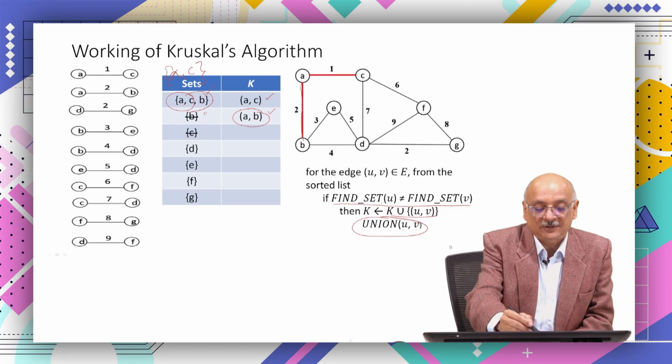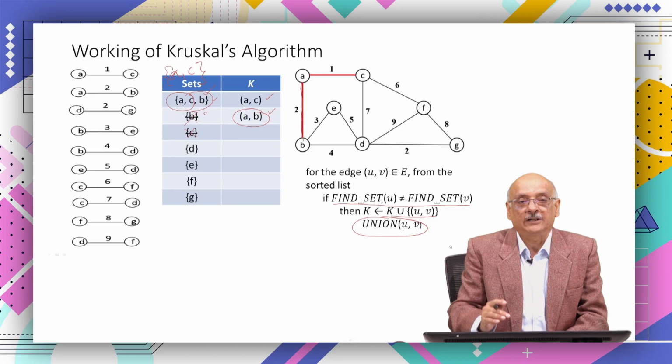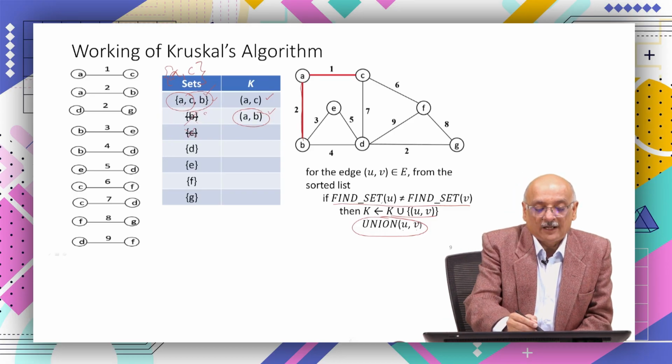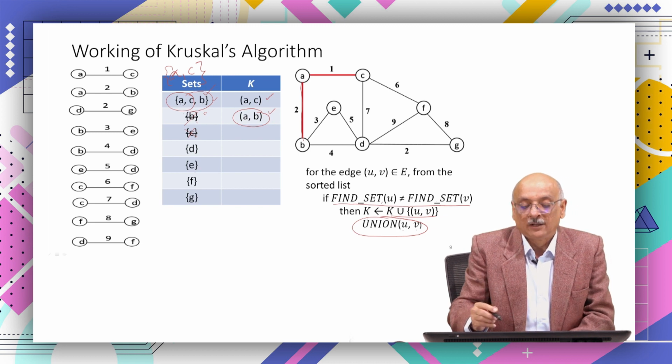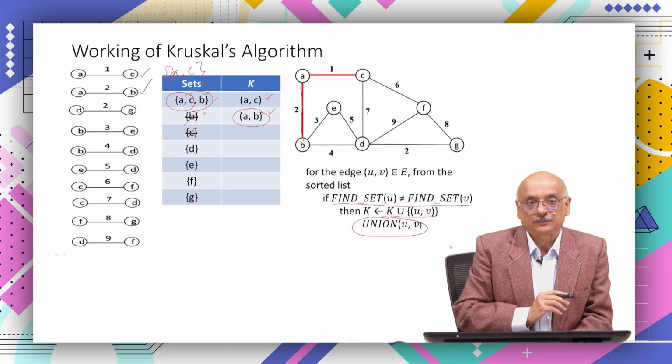So this becomes the new set, and now B is no longer a separate set. So both B and C have been eliminated. Now we are left with one set ACB, another set D, another set E, F and G. We have already selected these two.